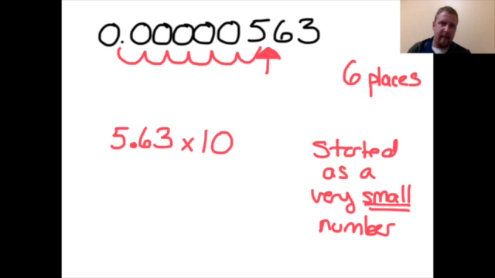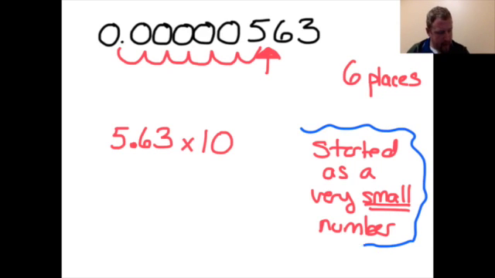If your number started as a very small number, the odds are that your exponent, the number that goes on top of that 10, is going to have a negative in front of it, okay? This right here implies a negative exponent.